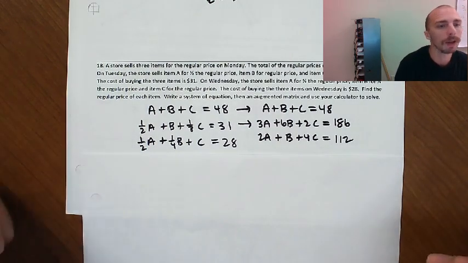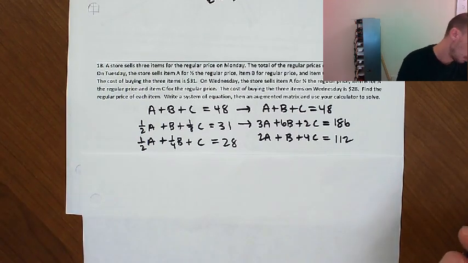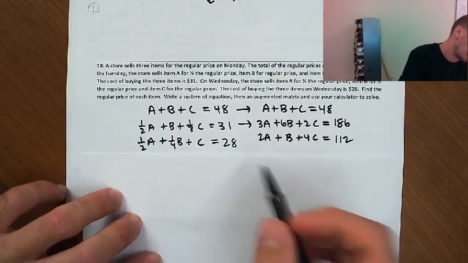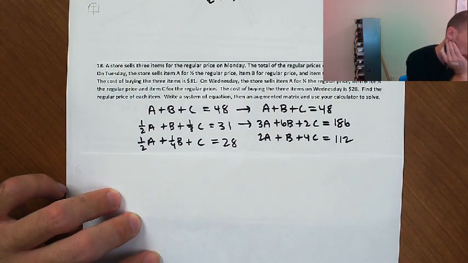I'm going to have to deal with big numbers, but me personally, I would rather deal with big numbers than fractions. So how am I going to proceed? I could really do any of these. To avoid having to multiply equation 2 by anything, I'm going to eliminate on A. Multiplying equation 3 by 6 is a little much.